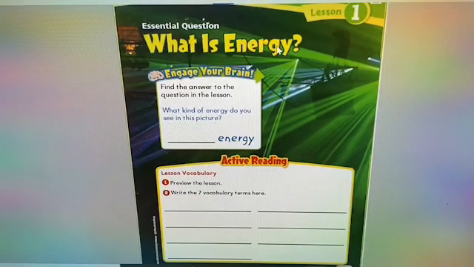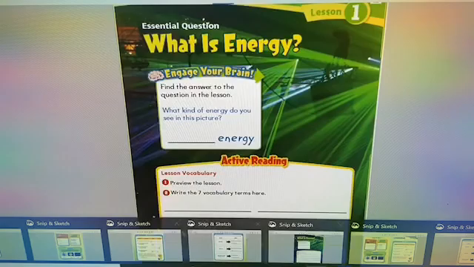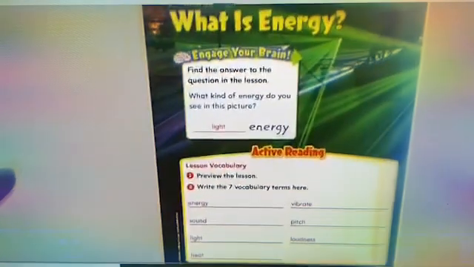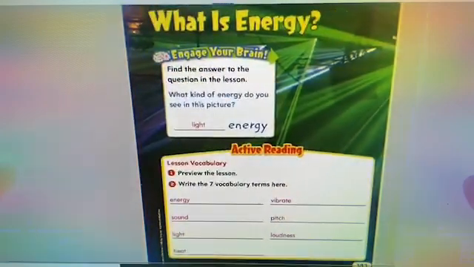And then, after you finish, please find the lesson vocabulary, which is already highlighted in yellow. Find it in your book and then write it down. Are you ready to see the answers? Alright, let's see the answers. Okay, so I can see light energy.